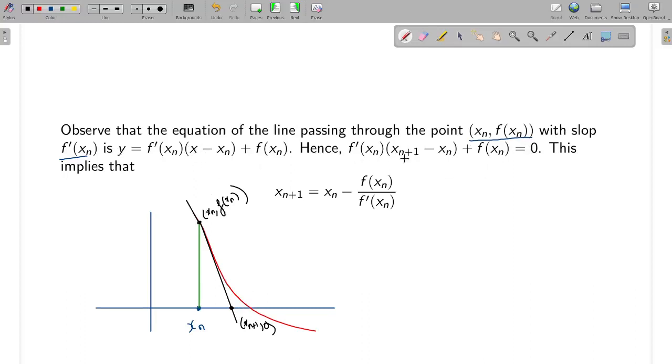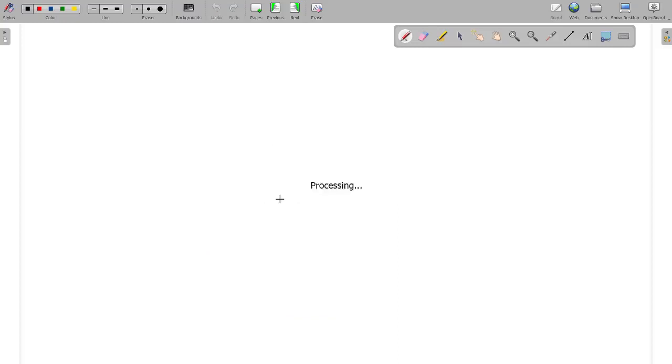From here we can compute xn plus 1 by first taking f of xn to the other side, then cross multiplying and doing what is required. So this is what we get xn plus 1 to be. This is the next iterate in the Newton-Raphson method. A very simple method.